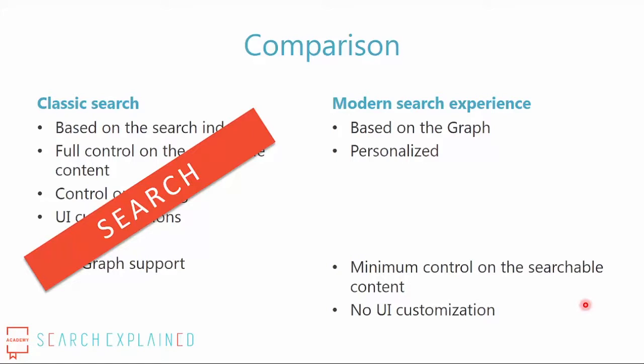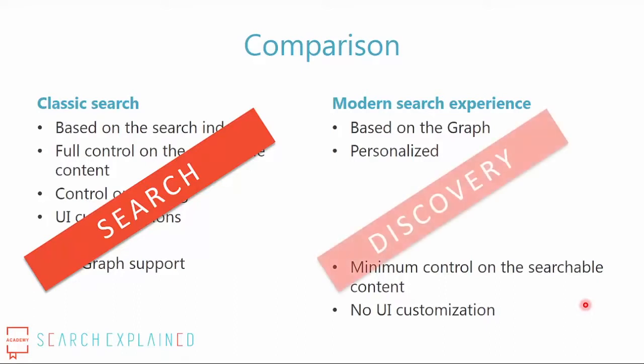In the case of the modern experience, what we talk about is discovery of content. We can discover content not really proactively, or not only proactively. You can also discover content you don't even know exists, right? So you get suggestions, and therefore you might get suggestions that you don't really expect.